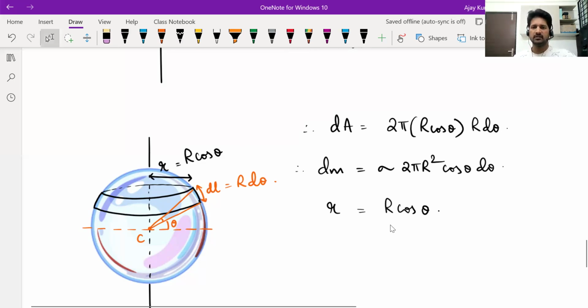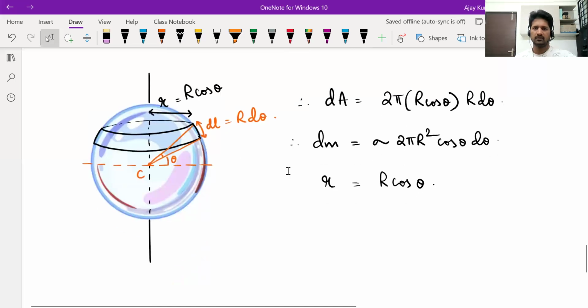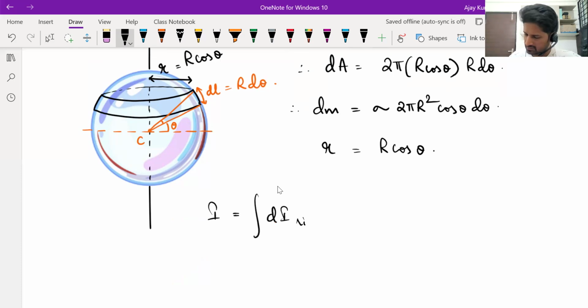Okay, are these steps clear to both of you? Any doubt in this? Fine. Now we need to derive the total moment of inertia of this hollow sphere. That will be the integral of moments of inertia of the ring elements. And what is the moment of inertia of a ring element?